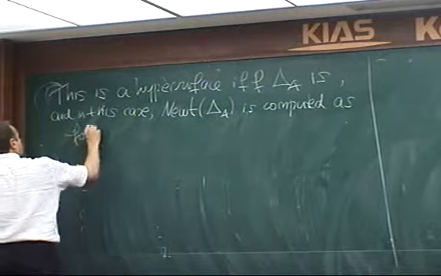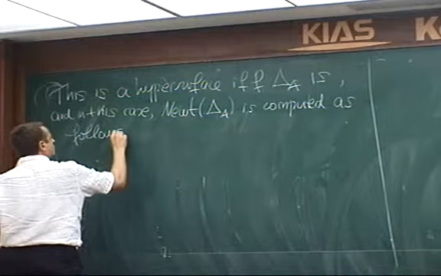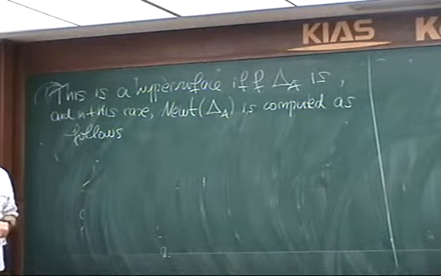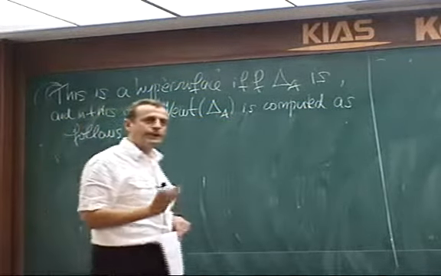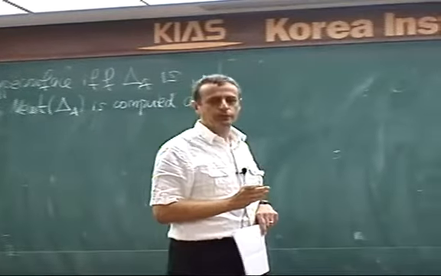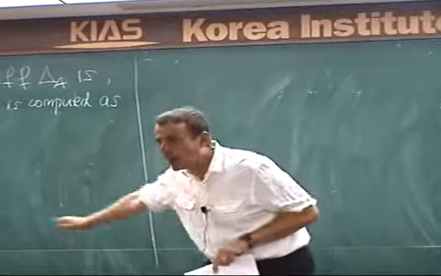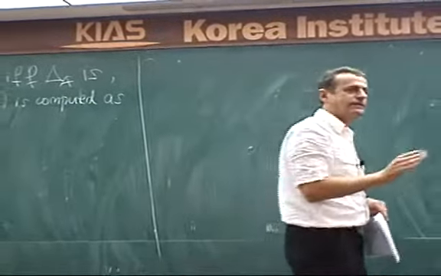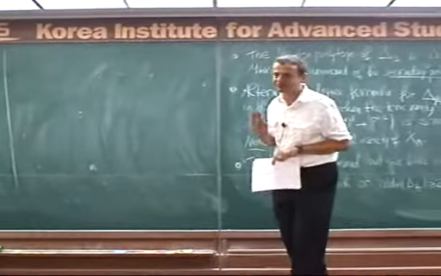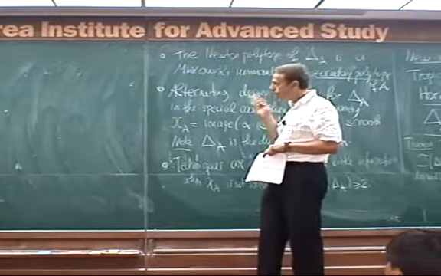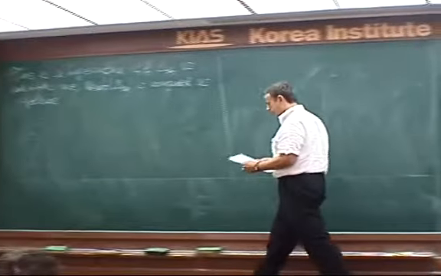Okay, so I'm going to compute for you the Newton Polytope of the discriminant. I'm going to give you a formula for it, now, in one sentence. No hypotheses whatsoever. Any matrix A, no smoothness hypothesis. I'm going to give you a formula. Okay, so here's what you do.